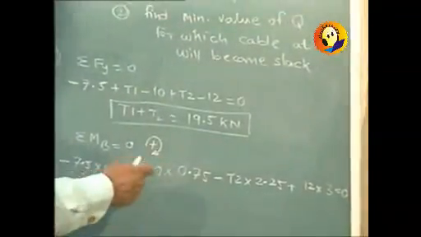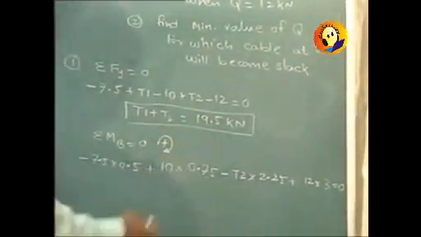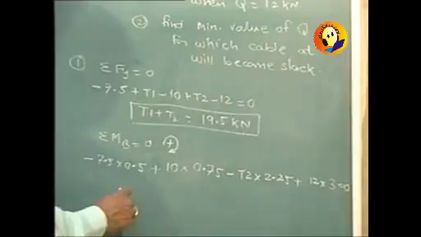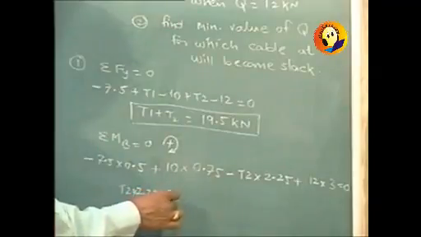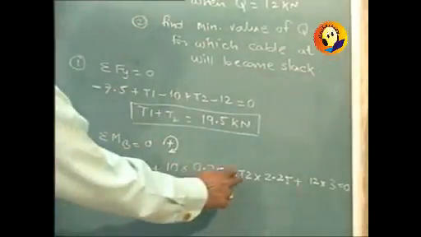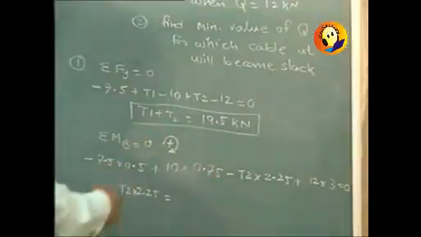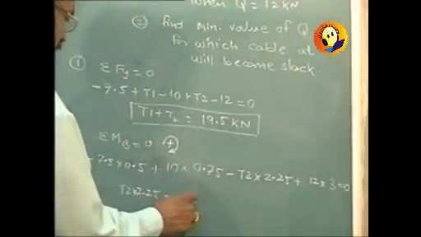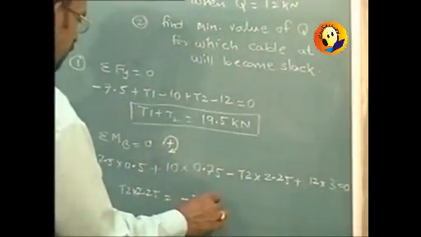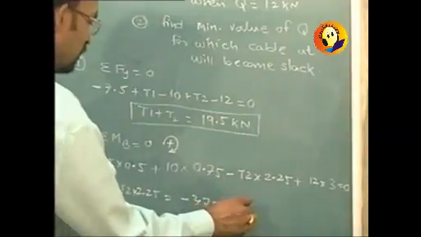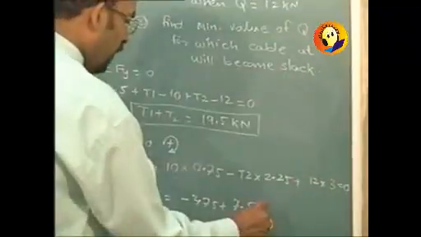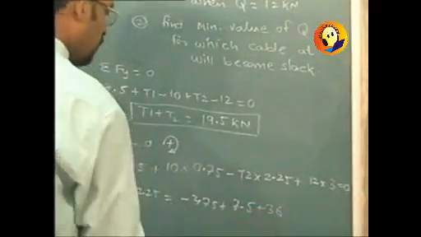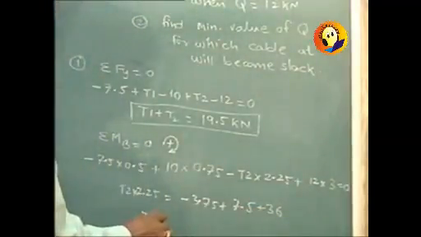And so you will get one more equation, rather you are getting the value of T2 itself. You will get something like T2 into 2.25 is equal to, you are taking T2's term on the right hand side, on the left hand side you will be left with minus 3.75 plus 7.5 and then plus 36, and so you can get the value of T2.